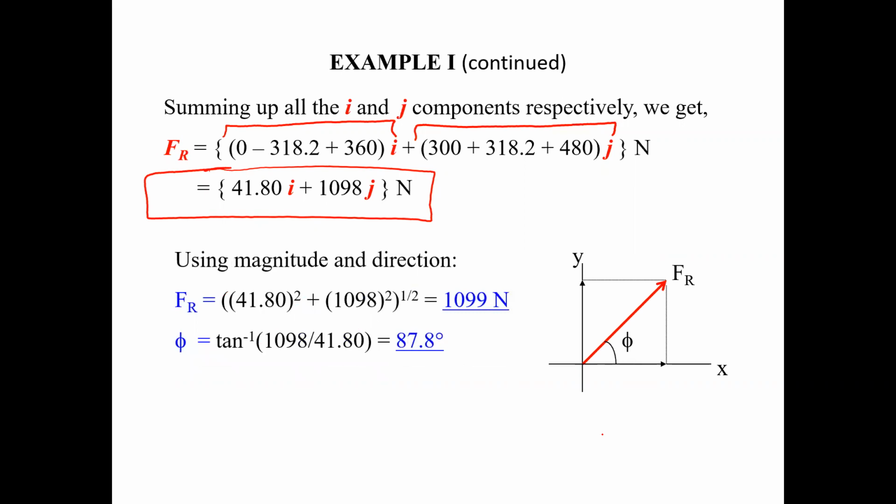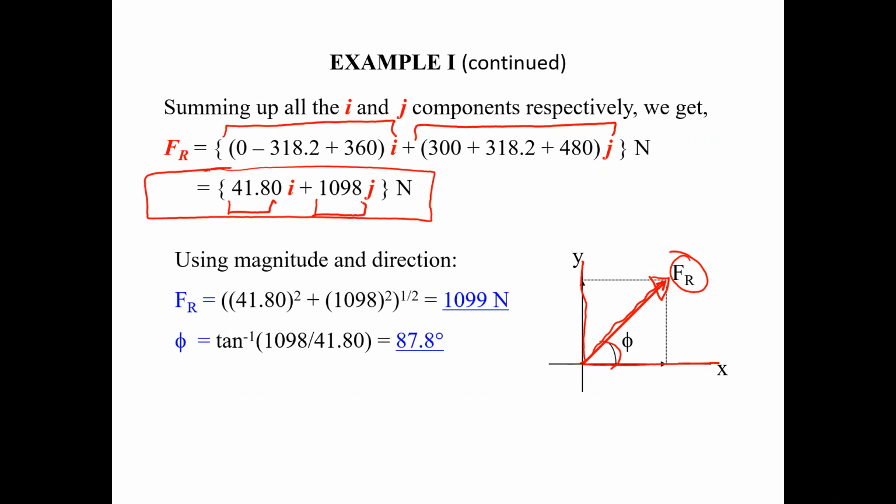Now, next we need to find the magnitude and direction of this resultant vector FR. So let's do that. Just show it graphically. So this is your x-axis, this is your y-axis, this is your FR, right? This is the angle which it makes with the x-axis, and it has two components, FRX and FRY. So this is your FRX, this is your FRY, right?